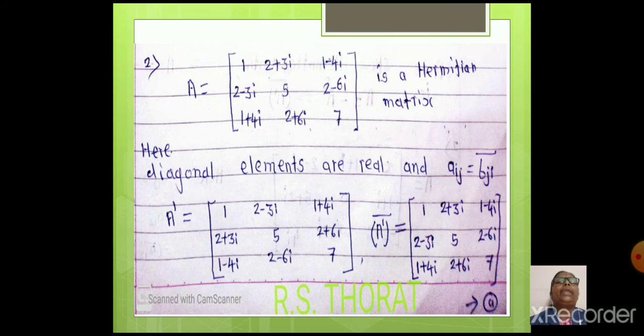That is, we have to prove that A transpose conjugate equal to A conjugate transpose equal to A raised to theta.